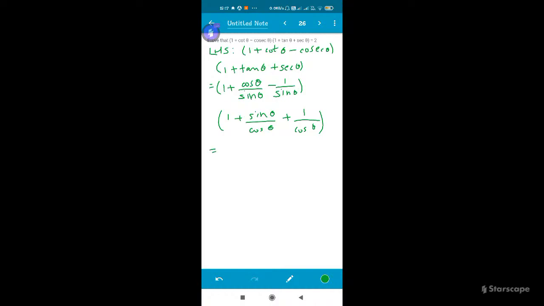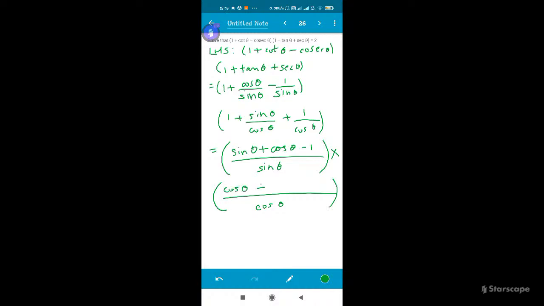Okay, so we can take the LCM. Will it help in any way? Okay, let's see. So if we take sine theta, it is the LCM. So we will have sine theta plus cos theta minus 1, okay, into the LCM out here is cos theta, and we have cos theta plus sine theta plus 1, okay.